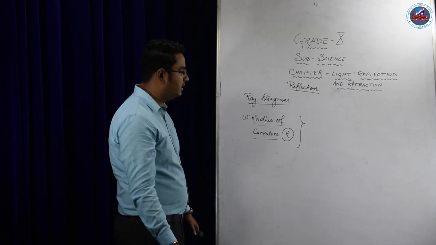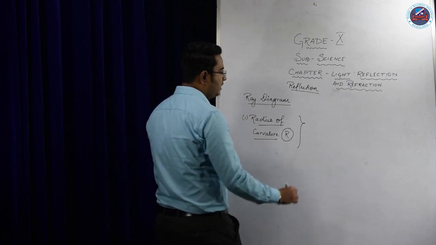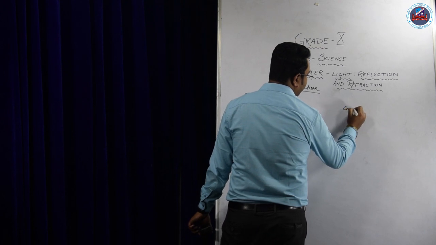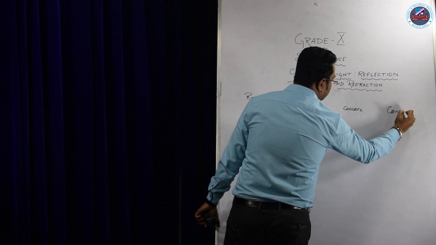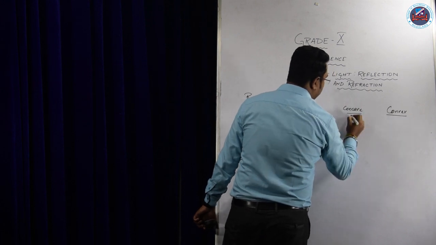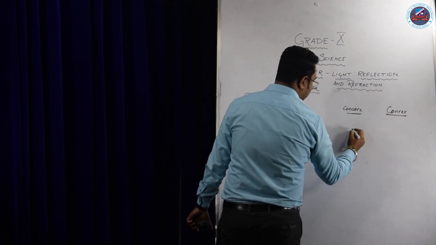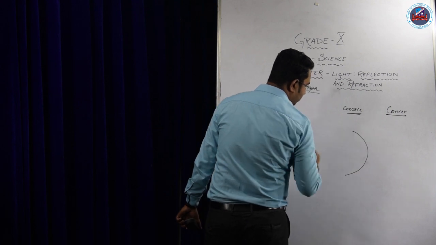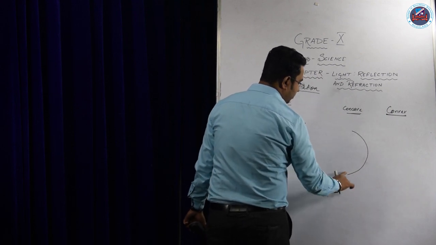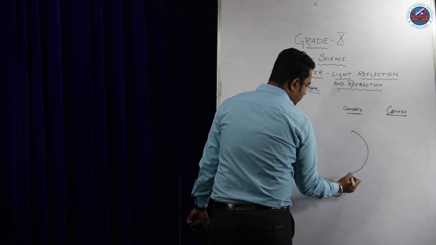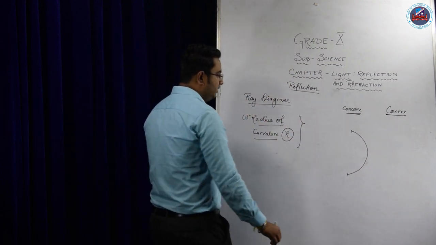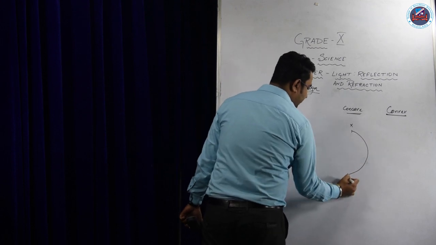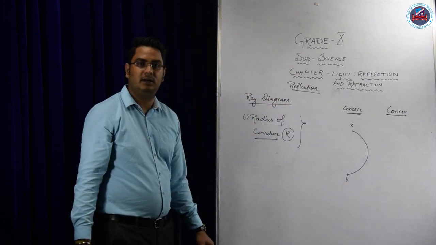We have already discussed that there are two types of mirror, concave and convex. How does a concave mirror look? It is curved outward. The two ends of the concave mirror, X and Y, are called the aperture of the mirror.